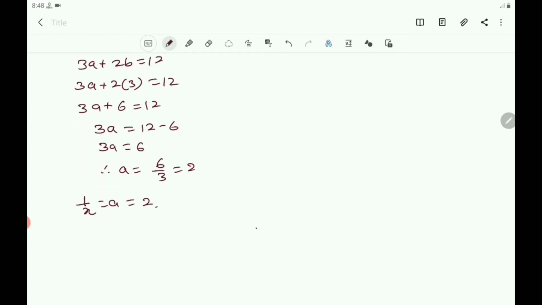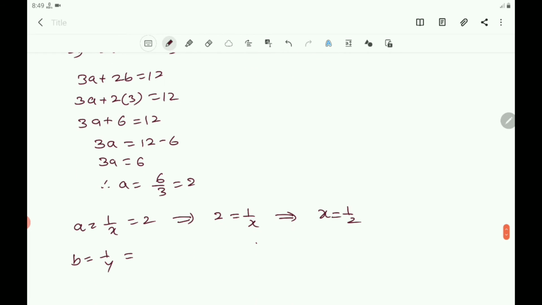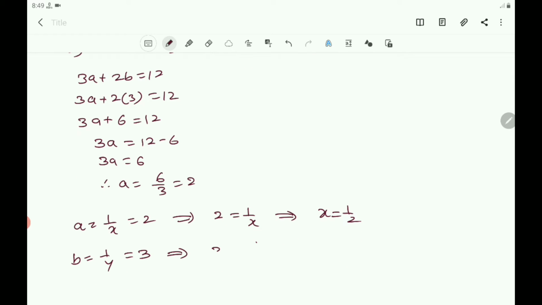Therefore here you can take that x equals 1/2. So you have taken 1/x = 2, that implies 2 = 1/x, that implies x = 1/2. And b = 1/y, that is equal to 3, you got. That implies 3 = 1/y, which implies y = 1/3. Here you exchange the places of 3 and y.